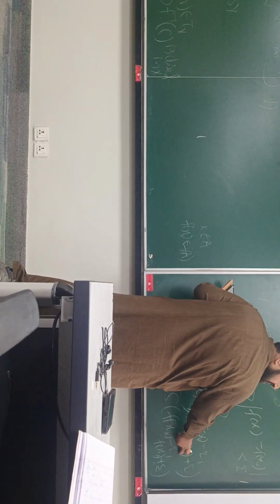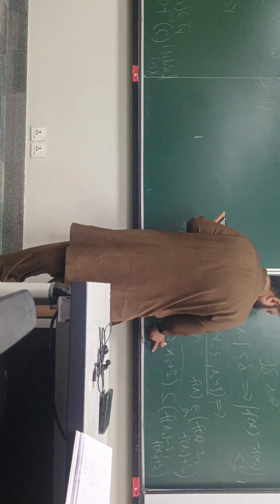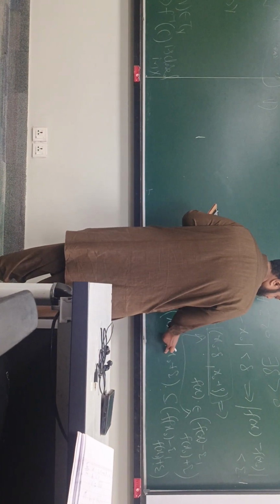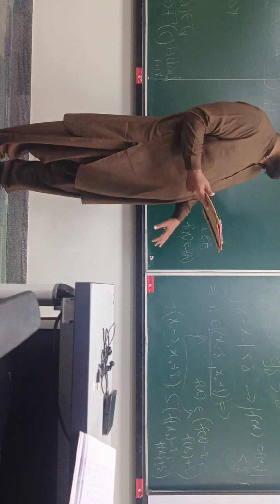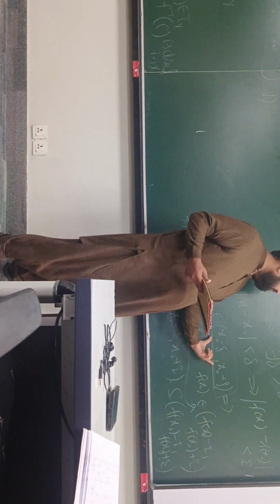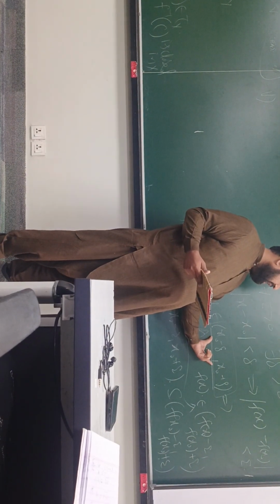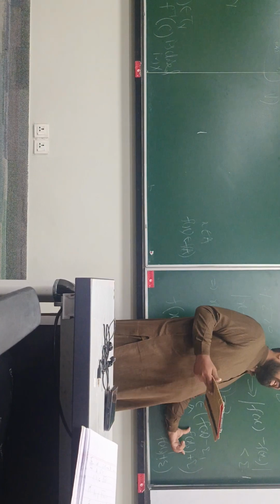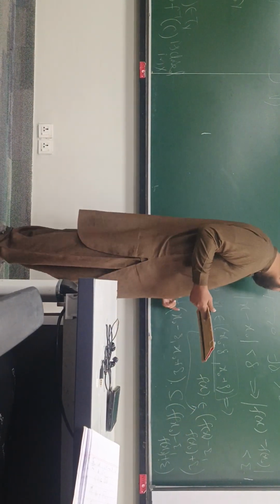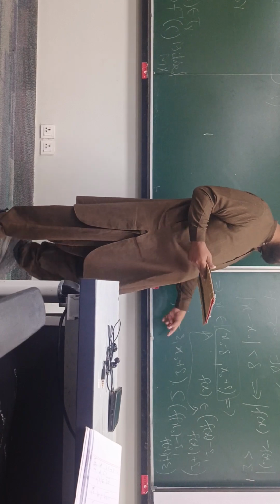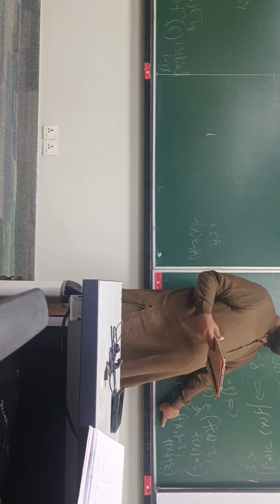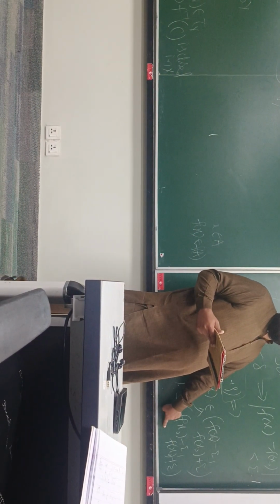So this means that the image is a subset of the interval from f of x naught minus epsilon to f of x naught plus epsilon. In other words, for every neighborhood, I can find an interval such that the image of that neighborhood is a subset of this interval.